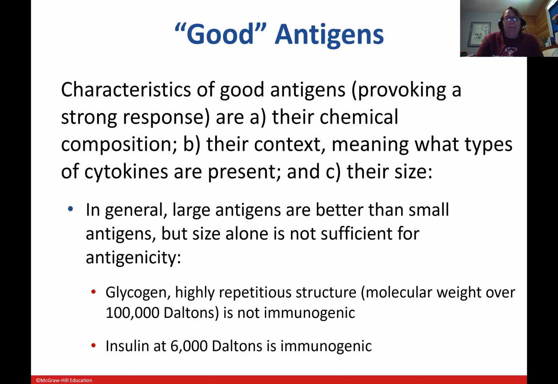Two examples: you have glycogen, which is a highly repetitious structure. It's like 100,000 Daltons, which is a measure of weight for molecules. And it's not immunogenic at all. Glycogen is actually a normal molecule that you would expect to see primarily in the liver, but you would see it out in the bloodstream as well. That is not going to cause an immune reaction. On the other hand, insulin, especially insulin that is not human derived, is only 6,000 Daltons.